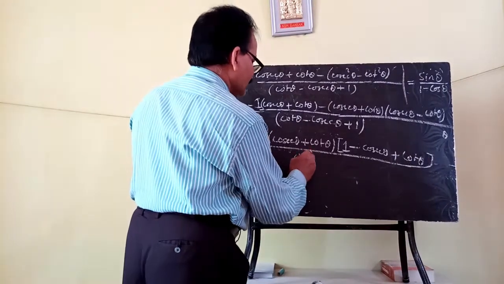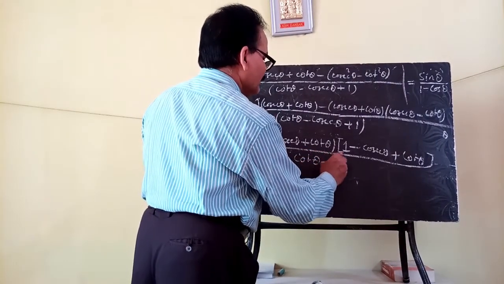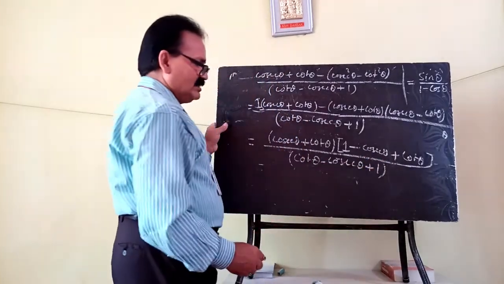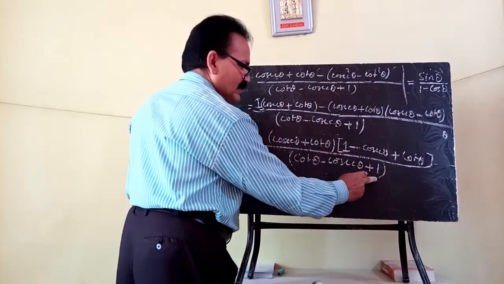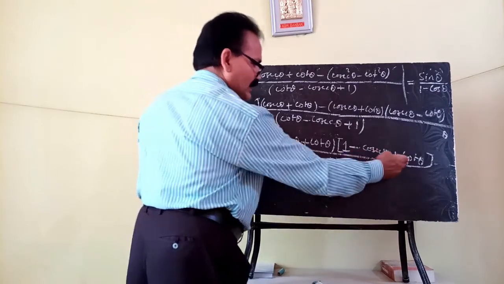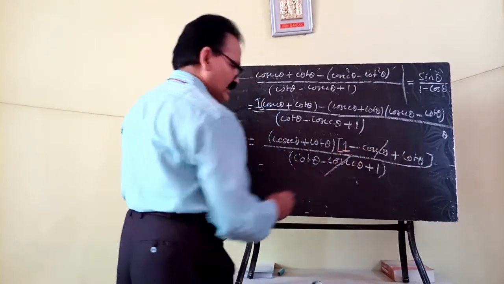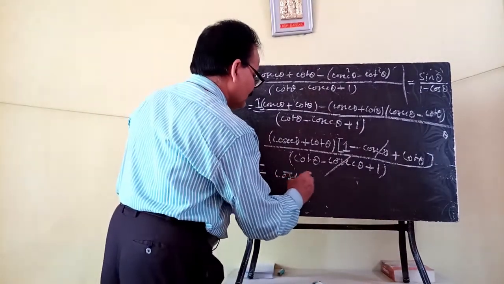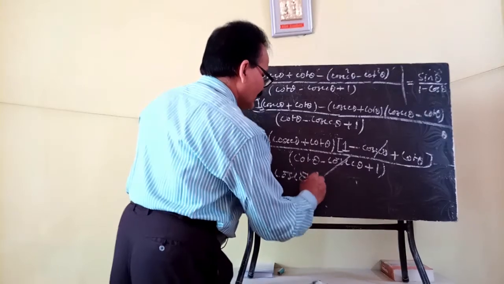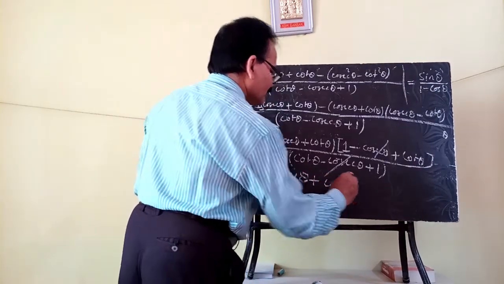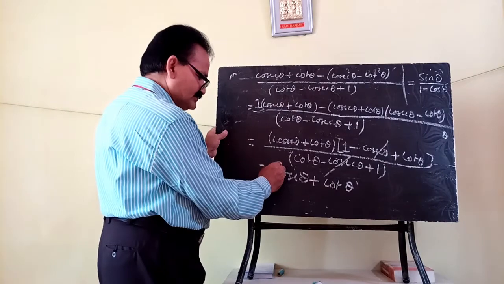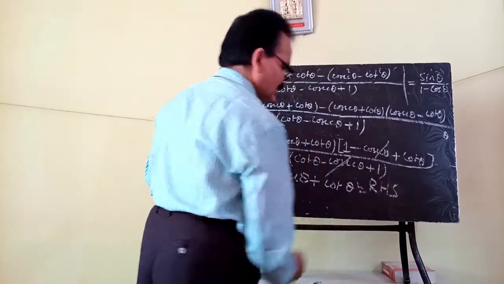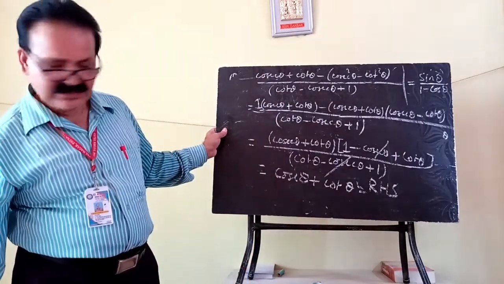And in the denominator, if we compare plus 1, minus cosec, plus cot, this part again cancels each other. So only you have got cosec theta plus cot theta. So this is the first part of your RHS.